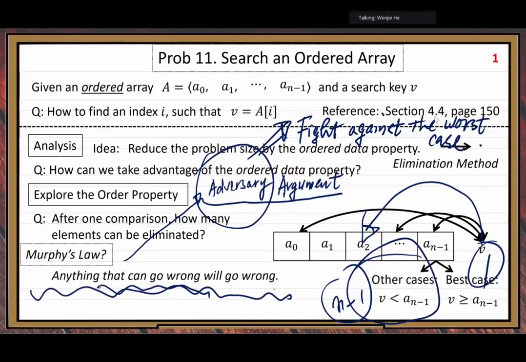This kind of logic thinking is very abstract. But if you get the idea, it helps in our general problem solving. So when you target the worst case, sometimes you can use this adversary argument to guide you to fight against the worst case.